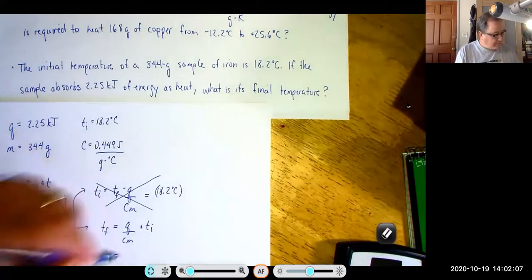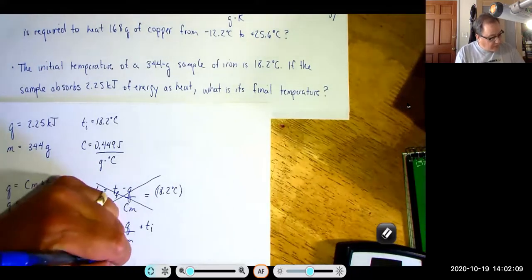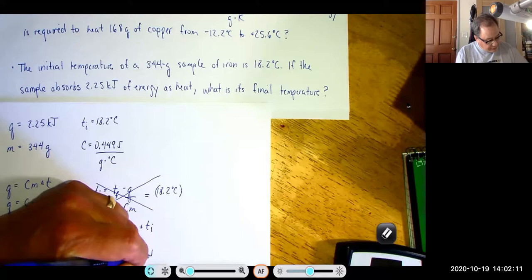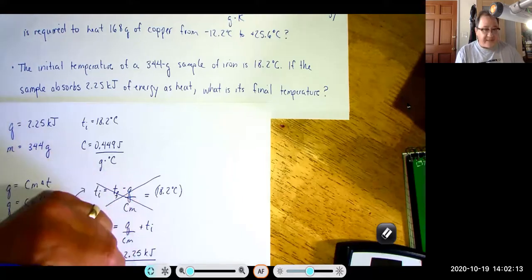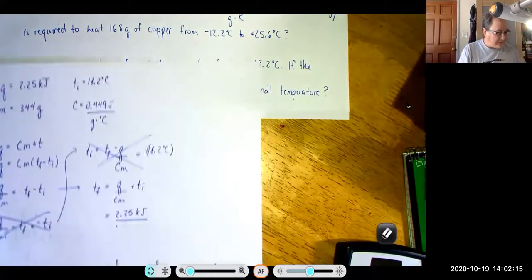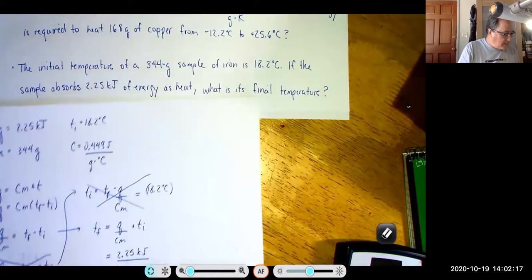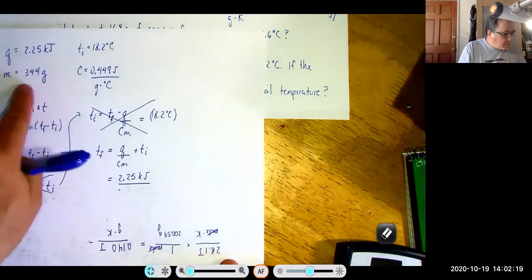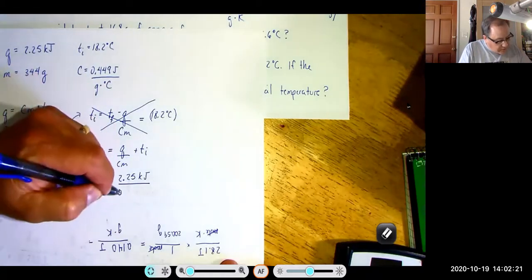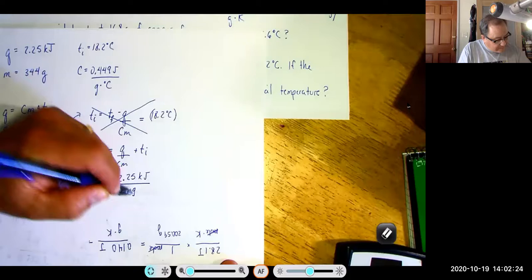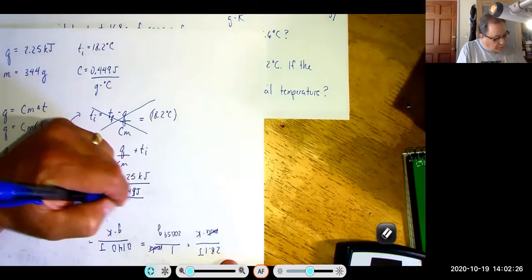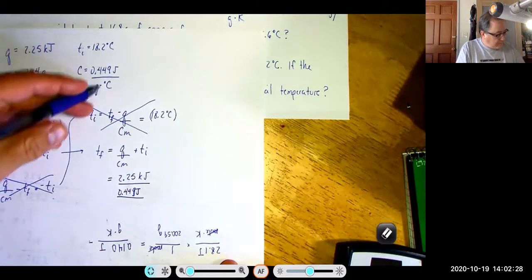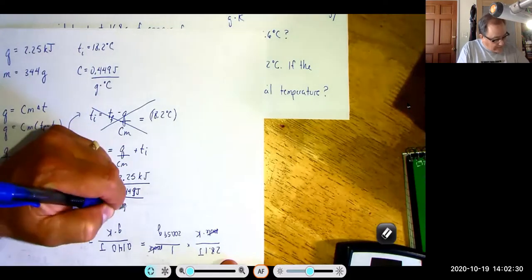So Q is 2.25 kilojoules. C is, what do we have? 0.449 joules per gram degree Celsius.